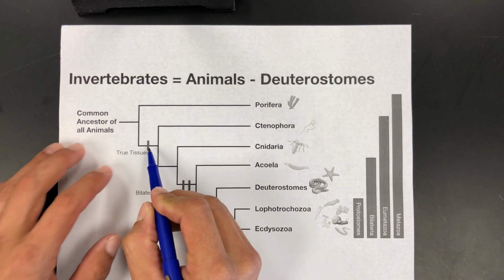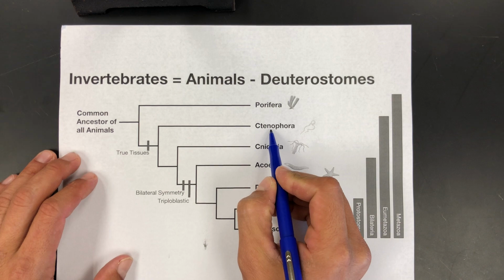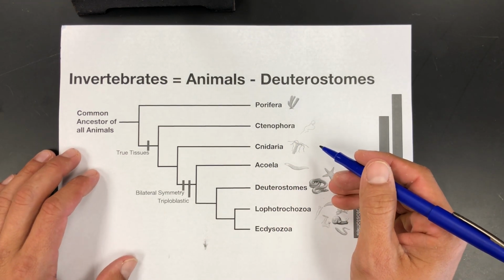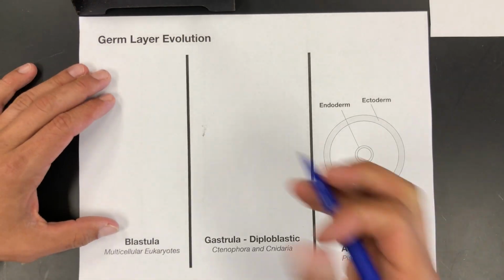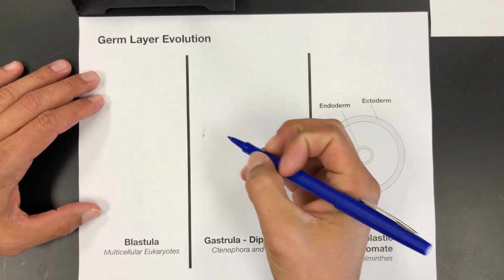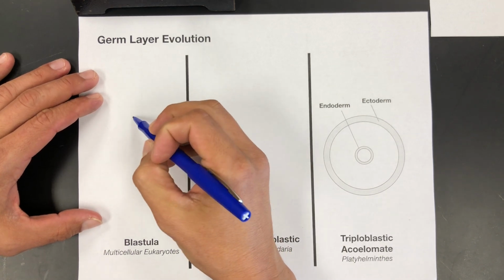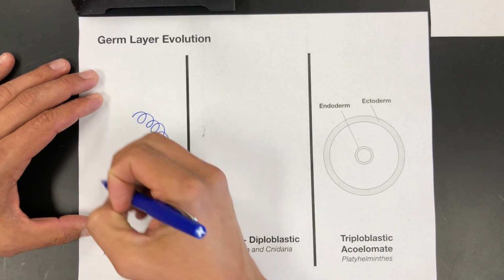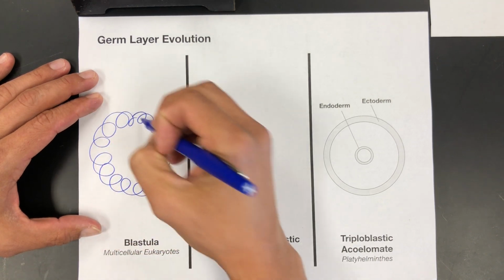Once true tissues evolved down here, Ctenophora is the first member of the animals that actually does have true tissues. And the way those are going to look is that, remember that when we have something like a blastula, the blastula is this group of cells found in a sphere, kind of like this.